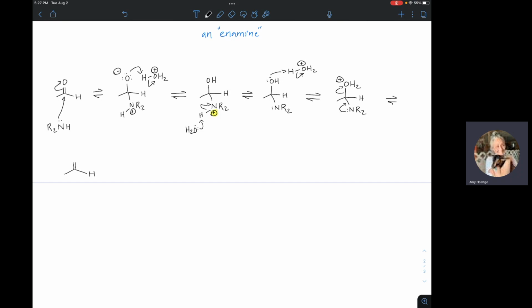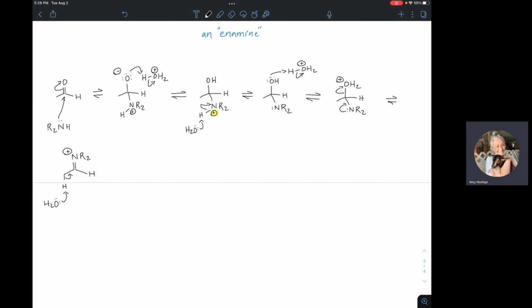I'm going to flip this around so that it's easier to see. This species, where see how there's no hydrogen on the nitrogen to take off. We've got water floating around, but I can draw our hydrogen on the next-door neighbor carbon. If we take this off, these electrons come up here.